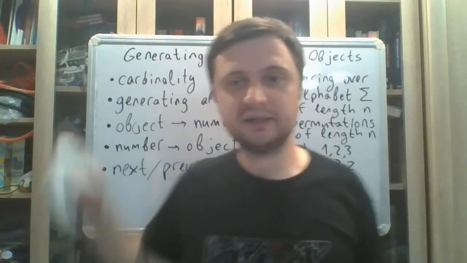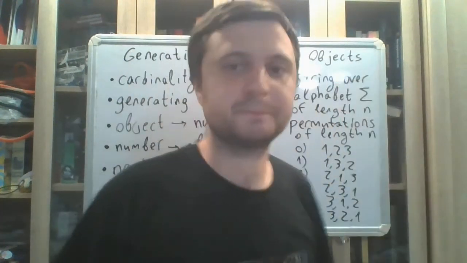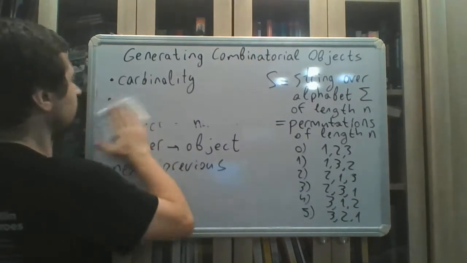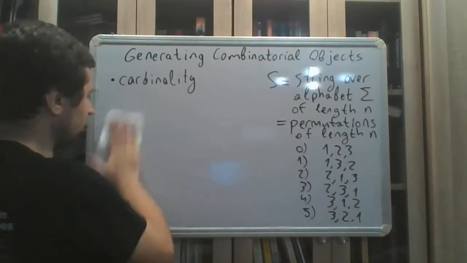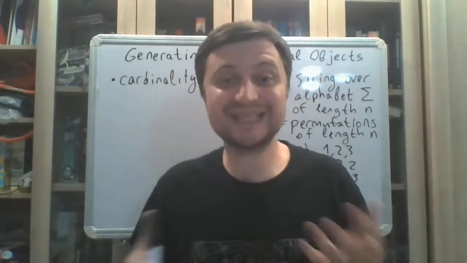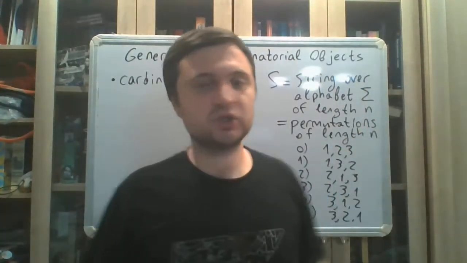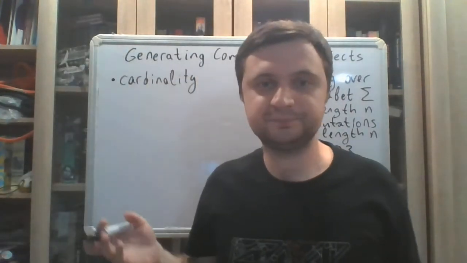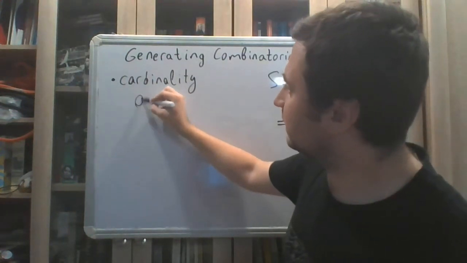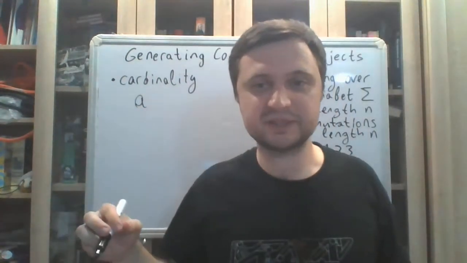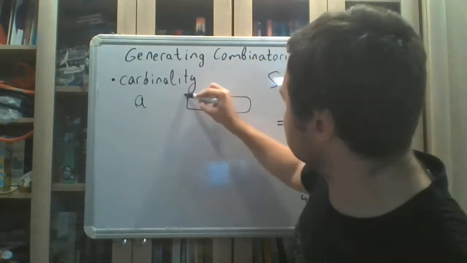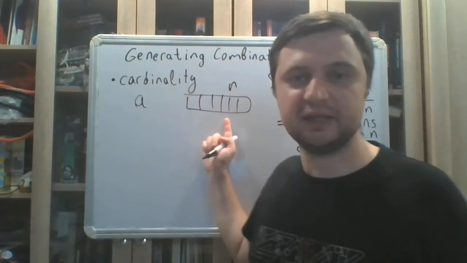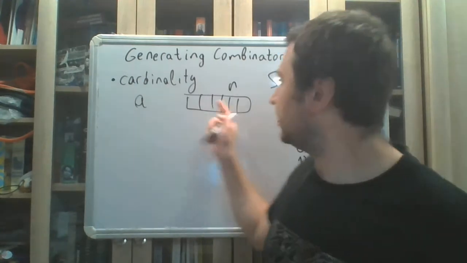Okay, let's start applying some of the tasks to the sets. Cardinality is usually just a mathematical thing, no programming, no computer science, sometimes in simple examples. If our alphabet, our set of letters, has size A, from the first letter of the word alphabet, then you have a possible string of length n, and in the first position you are allowed to use one of A letters, in the second position you are allowed to use one of A letters, and so on.